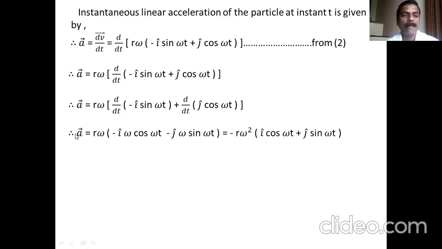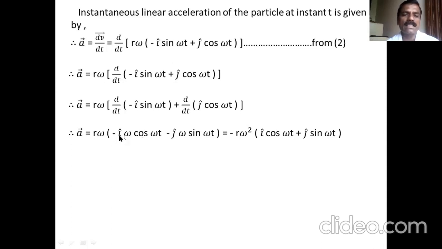See, a bar is equal to R omega, which is taken as constant. So what will be the derivative of this? Again, you will find this minus i cap is a constant. Omega is also taken as constant. The derivative of sine is cos, and you will find the negative sign here.